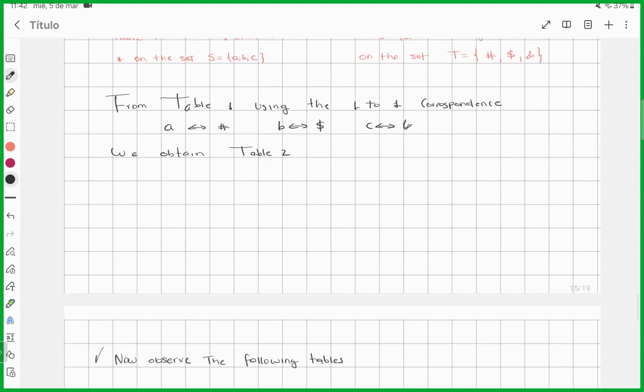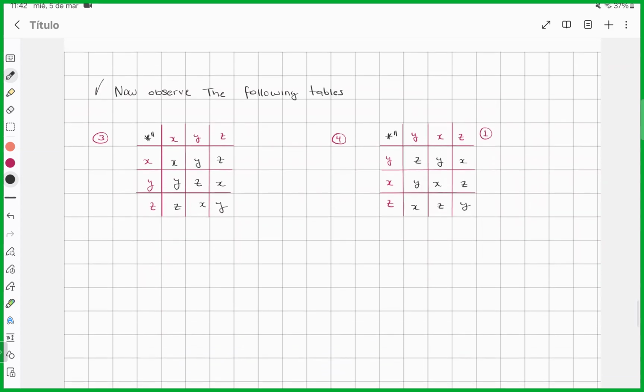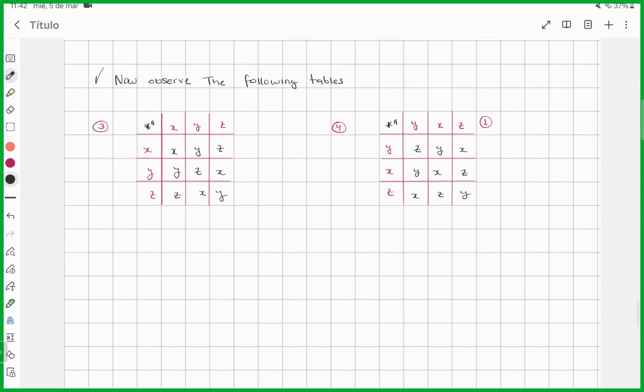Okay, now let's consider the following two tables, table 3 and table 4. This is for a binary operation on the set whose elements are x, y, z.